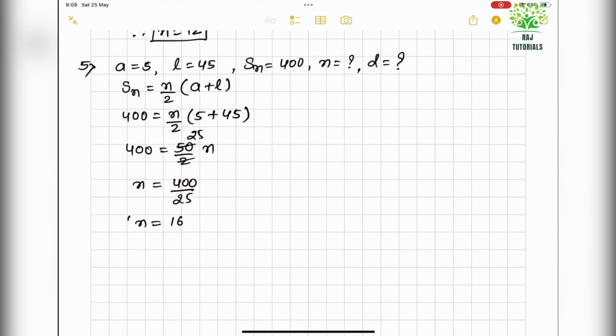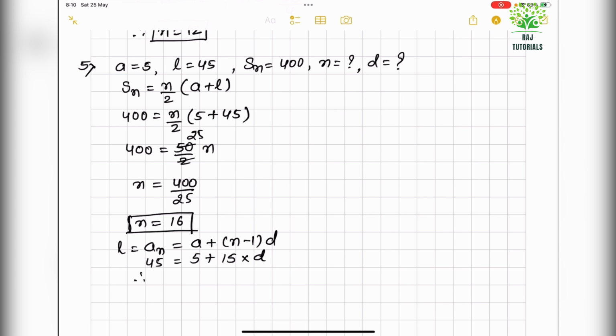Now I have got n. Now I know that last term, we call it an, is equal to a plus n minus 1 d. So n is 16. So I can say 5 plus 15 into d equal to last term, 45.